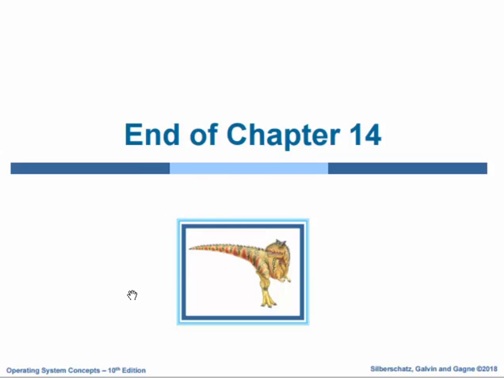So in this chapter, we learned that most file systems reside on secondary storage, and the most common secondary storage is the hard disk drive, but now non-volatile memory devices are increasing.